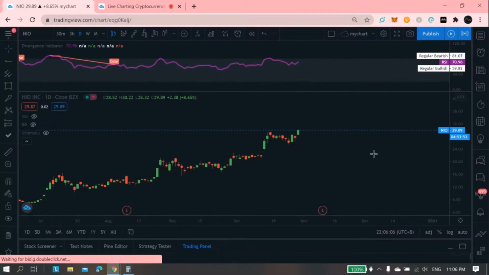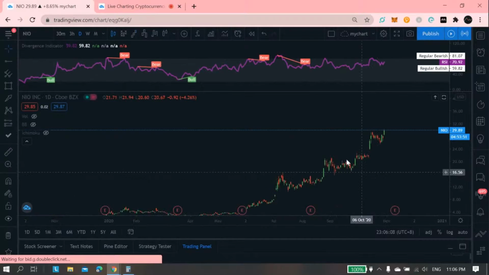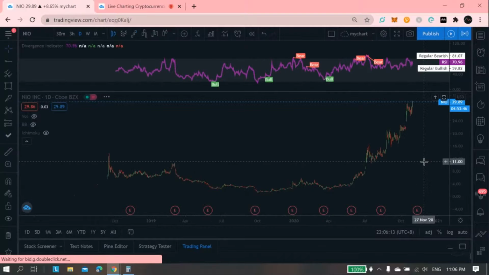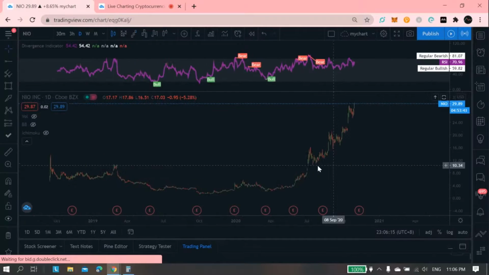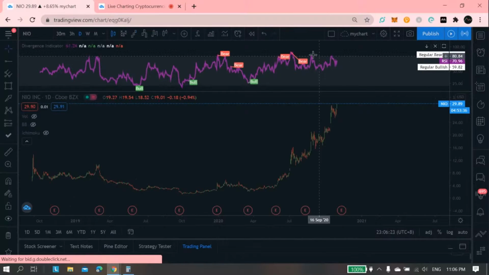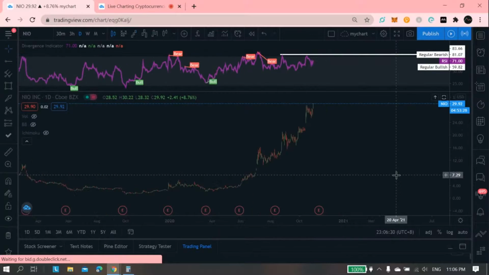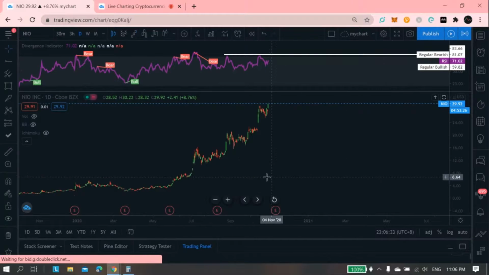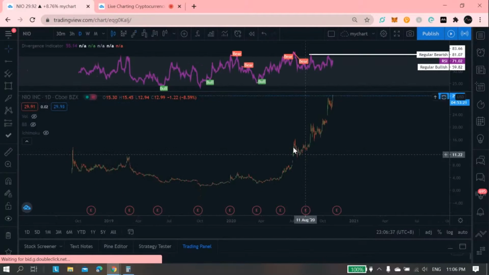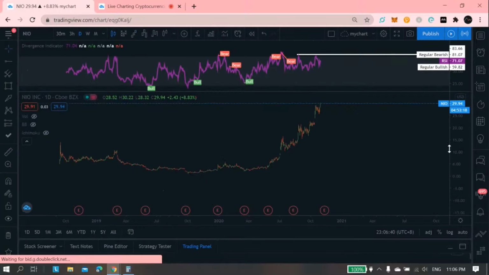So currently it's still trading higher and could possibly retest this previous divergence resistance of around this 80 area, 81 area. So anyway, let's plot the trend.